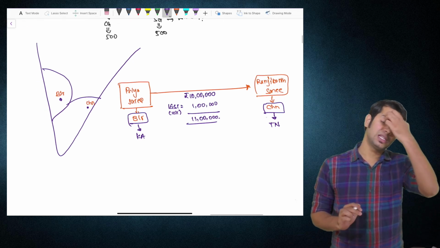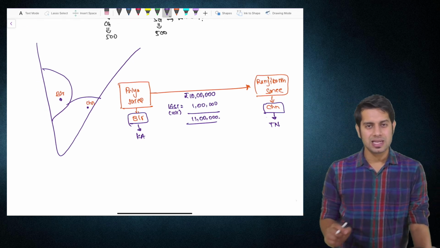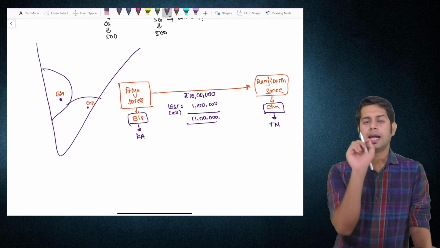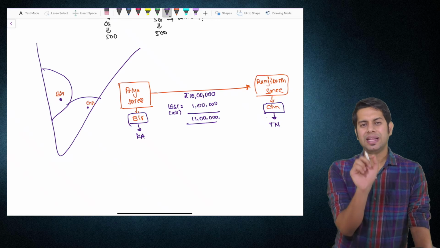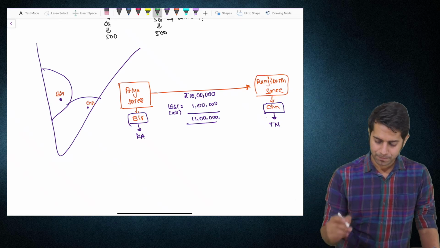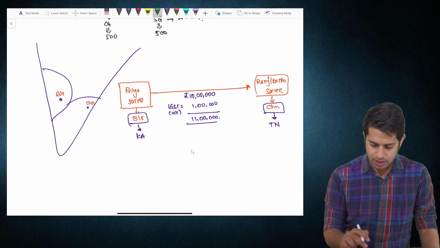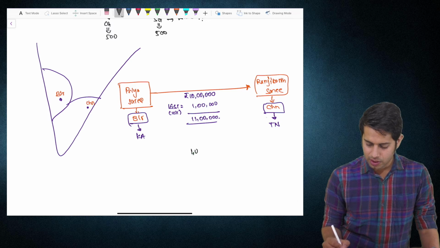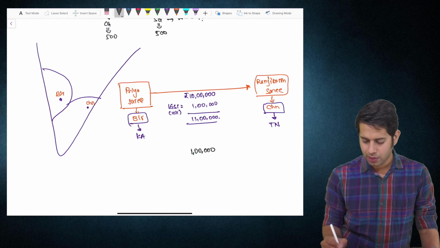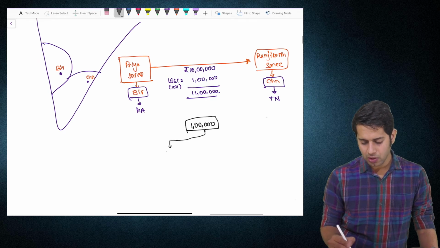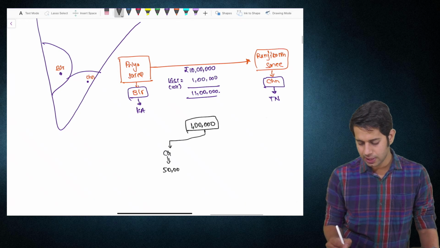Now the question which arises is this: the IGST will be collected by the central government and then apportioned between the central government and the state government. Of the 1 lakh rupees paid as IGST, I know that the central government is going to take 50%, which is 50,000.